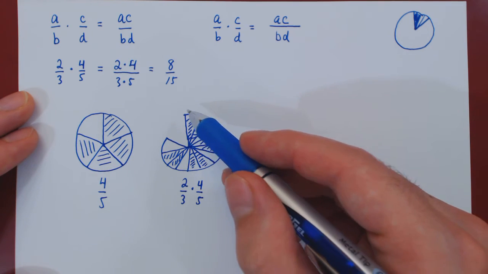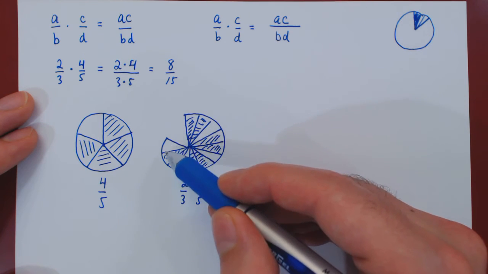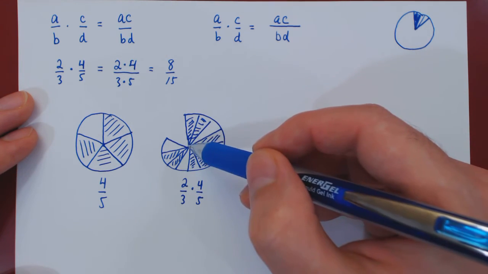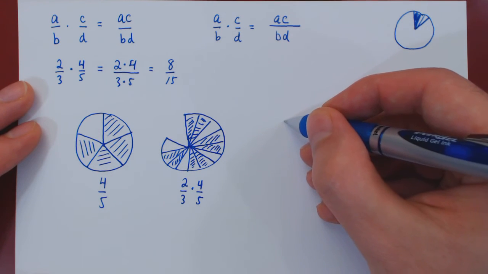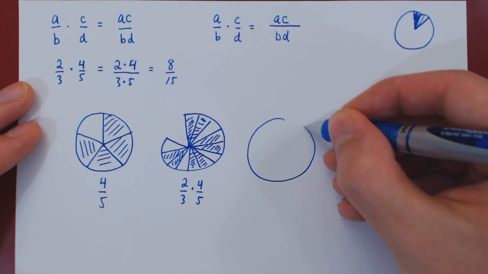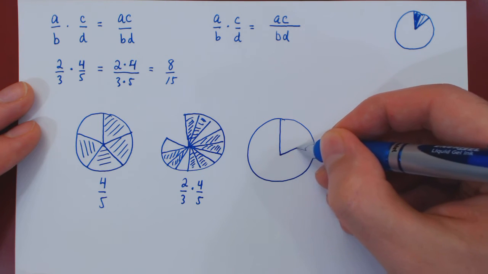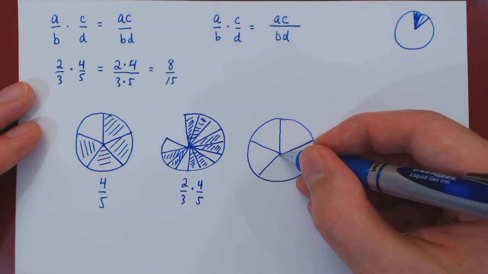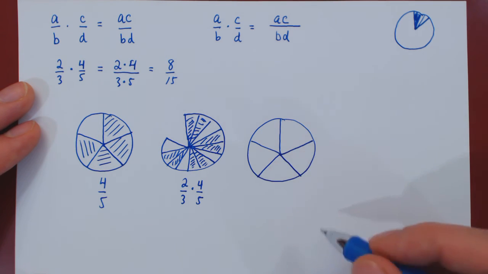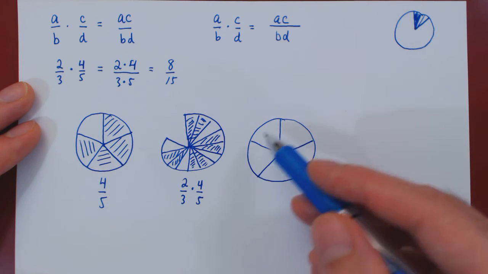But now imagine that you complete the full circle and you add the missing sector here, and you divide it also up into 3 parts of equal size. Let me draw this over here. So now we have the original circle in 5 parts of equal size.